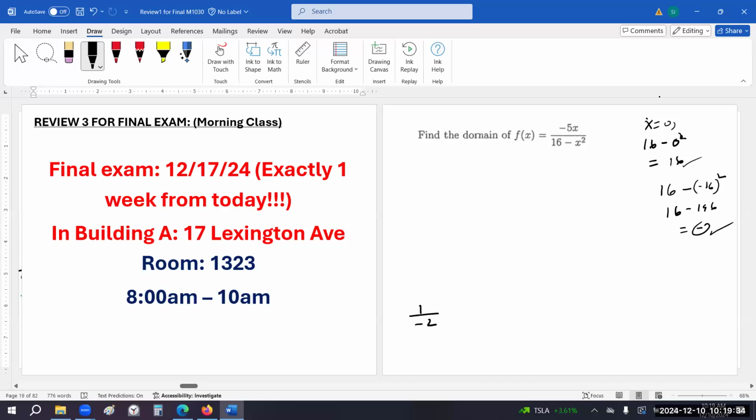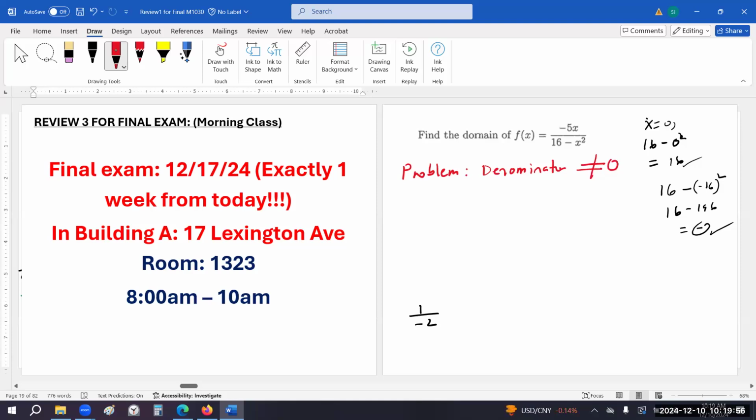That means we need to see what makes the denominator 0. So we start with our problem. The denominator definitely cannot be 0.